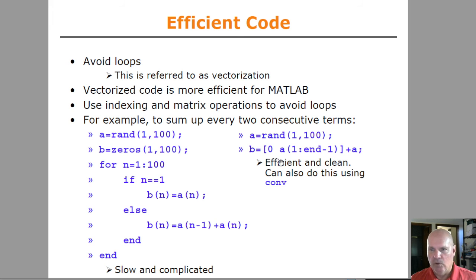But a vectorized approach would be to form a new vector that's pre-padded with 0, and then contains the first 99 elements of A, and then just add that to A. So it's a vector addition, does the same thing, but it's much faster and avoids the for loop, the if, and everything. But it requires a little thought.